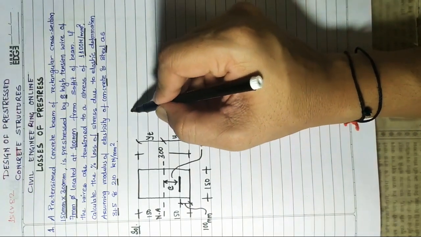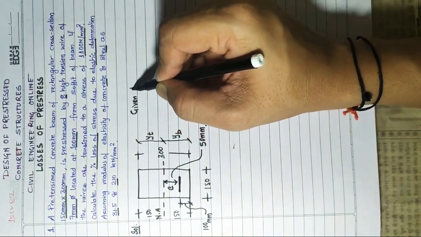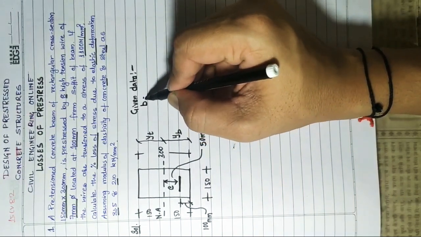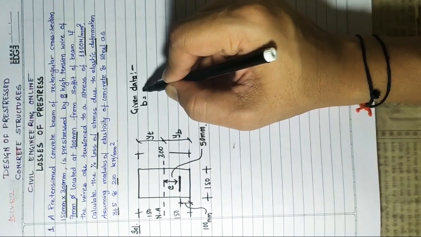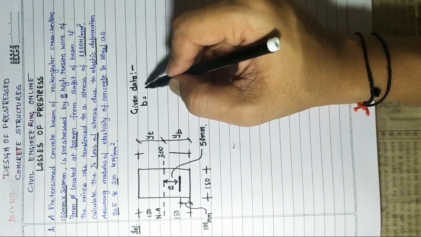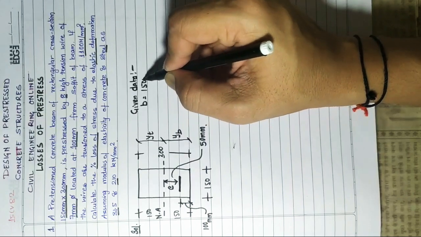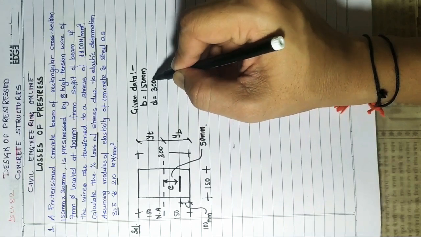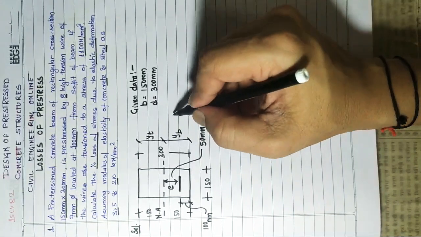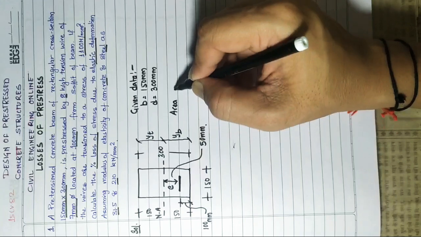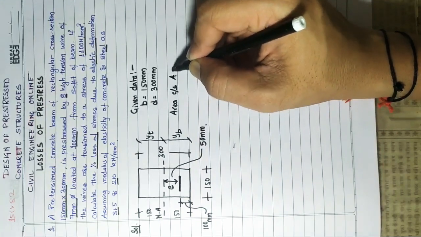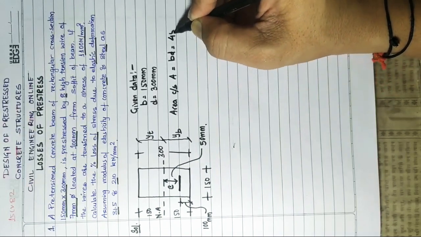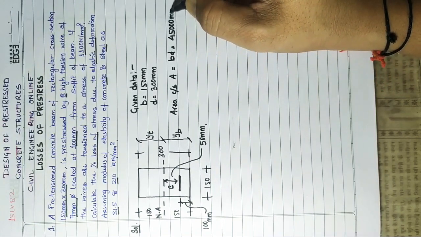Now the given data. When we are writing the given data, try to write all the data which is given in the question. We have the breadth of the rectangular beam cross section as 150 mm and depth of the cross section as 300 mm. From these two data, we can find the area of cross section, that is area A equals B into D, which comes out to be around 45,000 mm square.